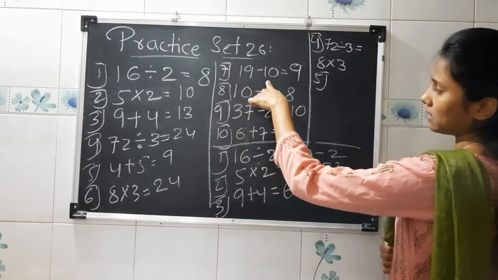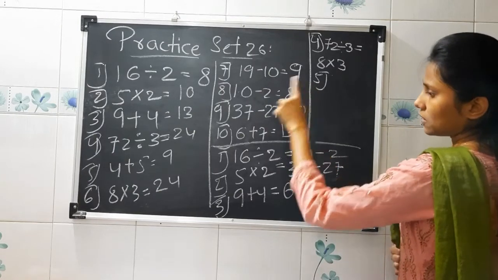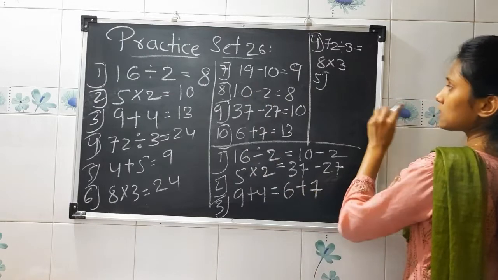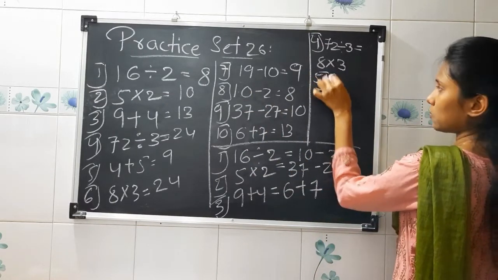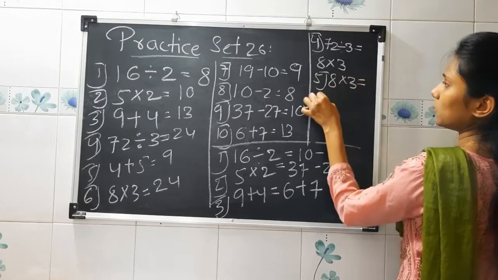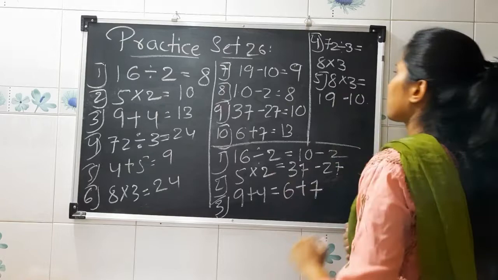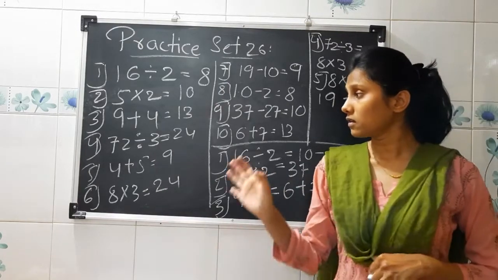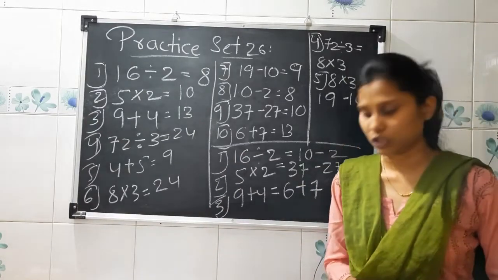Similarly, 19 minus 10 also gives you the same answer, that is 9. So therefore, 4 plus 5 is equal to 19 minus 10. Both give you the same values. Okay. So there are a total of 10 expressions and we got 5 equations.